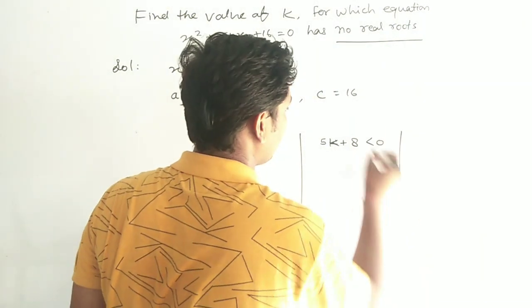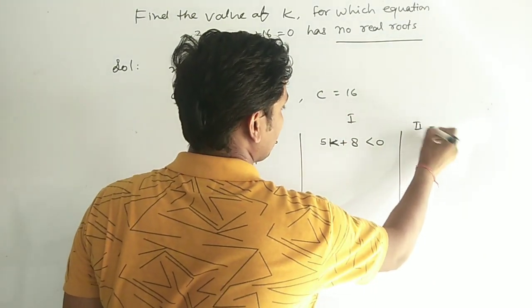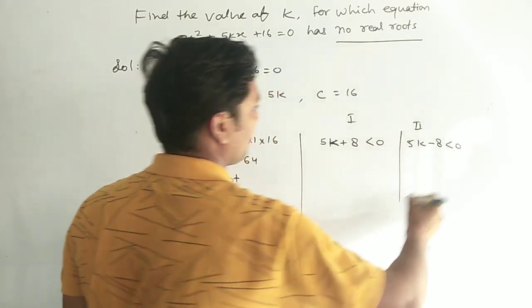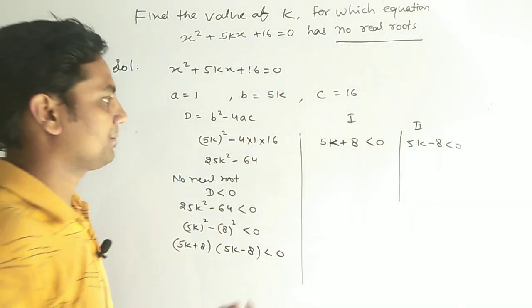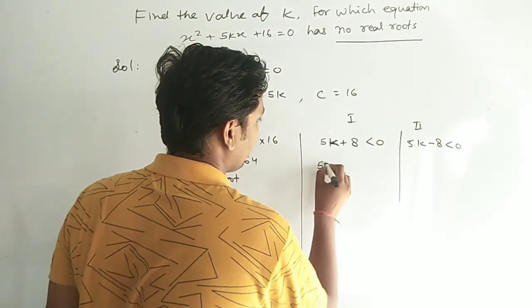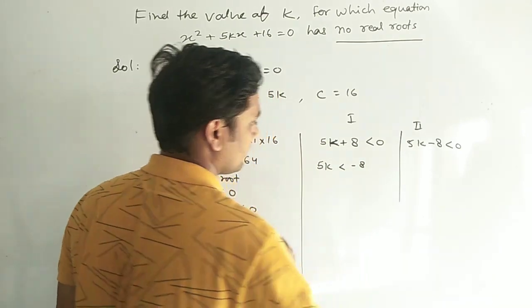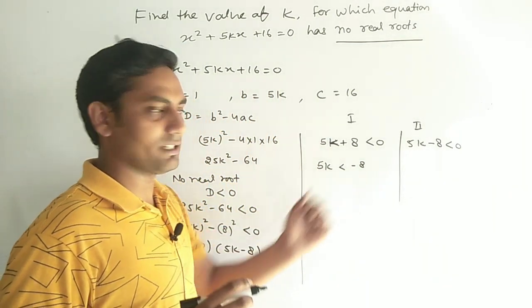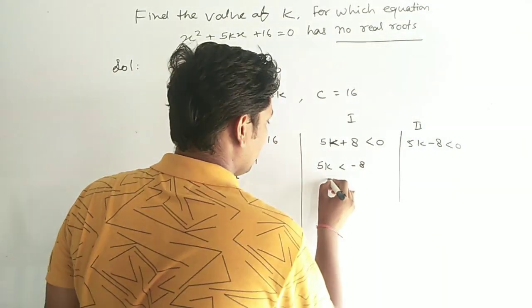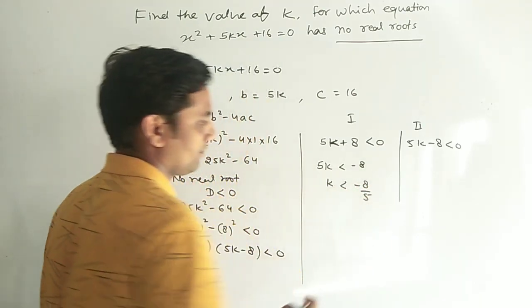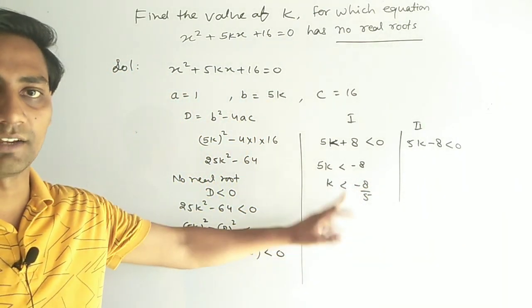And second is 5k minus 8 less than 0. Here 5k less than minus 8, and next step k less than minus 8 by 5.